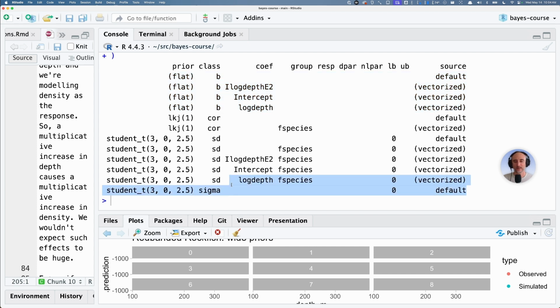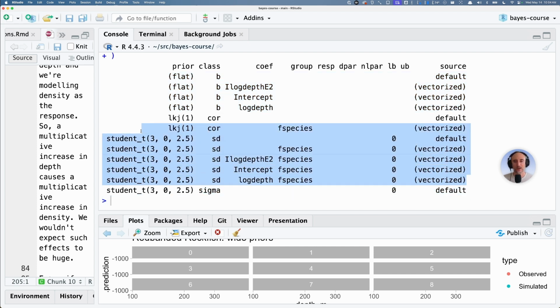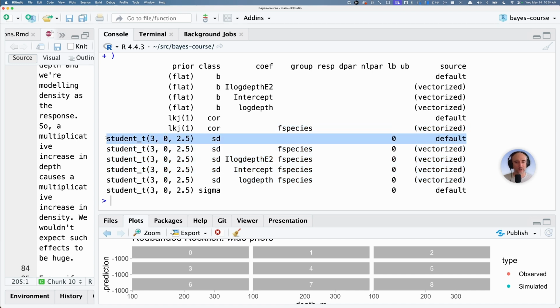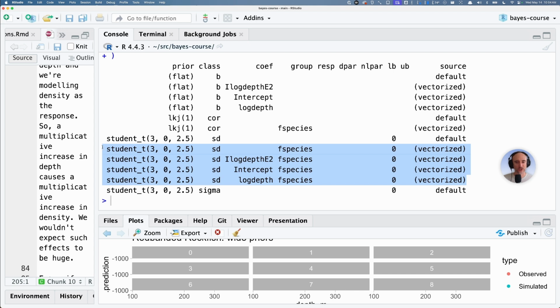This is the standard deviation of the observation error. That's what we had before. All of the stuff in here is new. So all of these ones here are standard deviations on these, what we might call random effects. And this first unnamed one would apply to all of them. And these would be individual ones if we wanted to specify them as such.